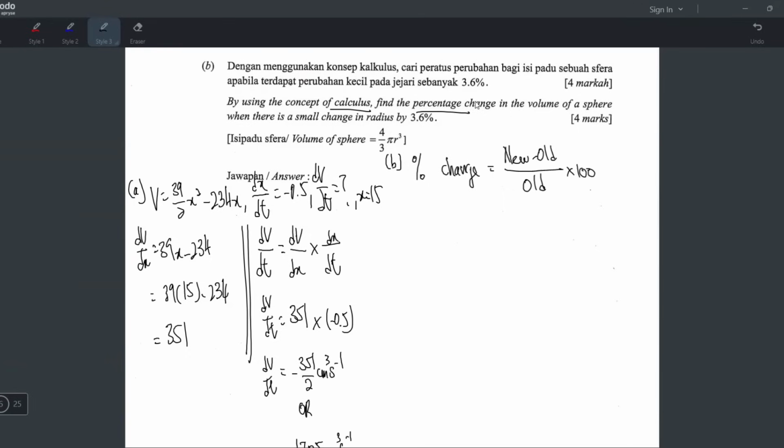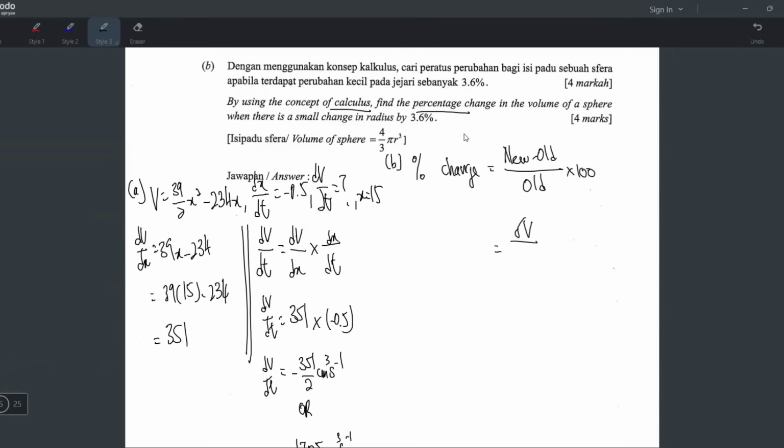So if they want to find percentage change in volume of sphere, that means you have to take the new volume minus the old volume divided with the old volume times 100. But since we are doing differentiation, usually new minus old, that's how you get the delta V, the small change. Yeah, this is a small change question.